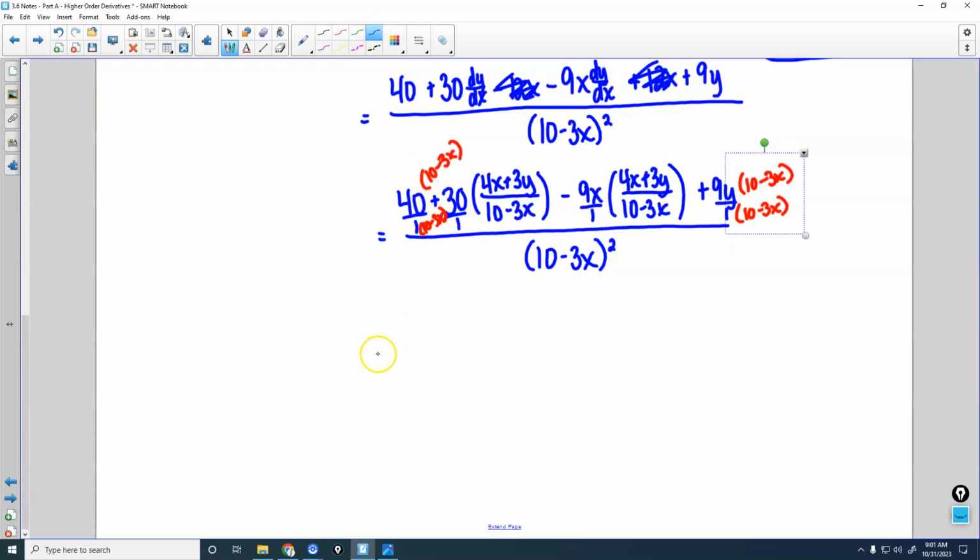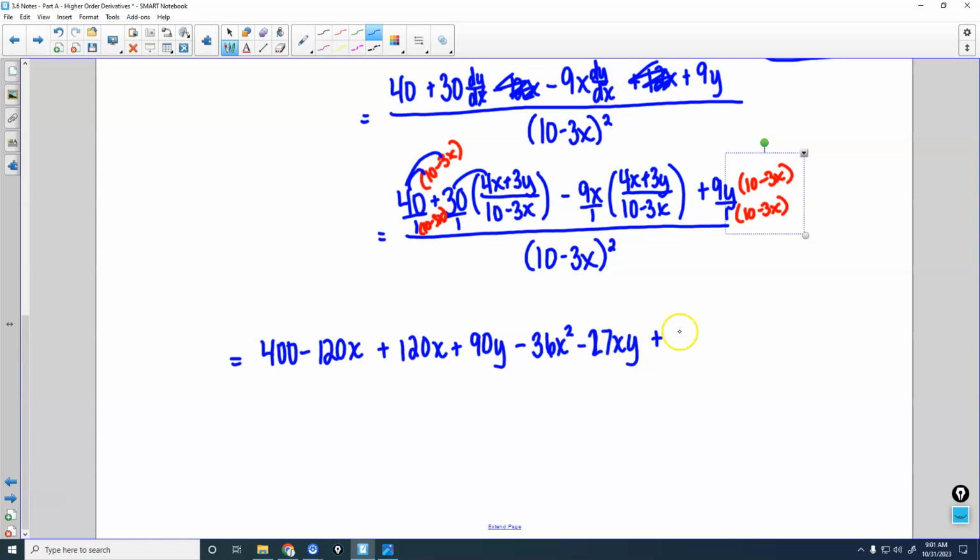So we would have, oh gosh, 400 minus 120x plus 120x plus 90y minus 36x squared minus 27xy plus 90y minus 27xy.